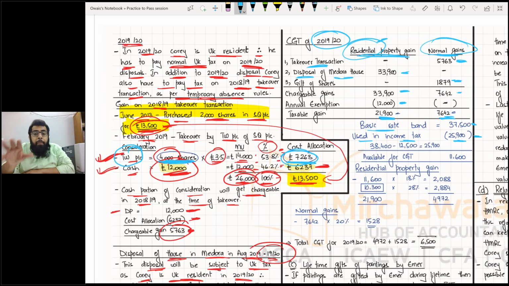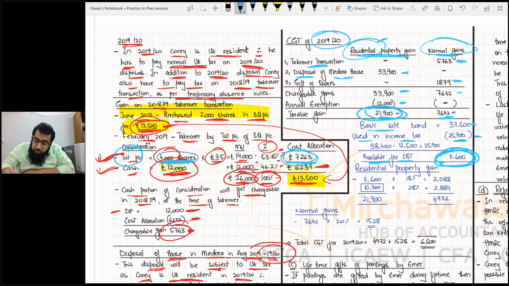If you all remember, the basic rate band is first used in income tax, and then the remaining amount is used in CGT. So 25,900 of the band is used in income tax, and 11,600 is available for CGT.